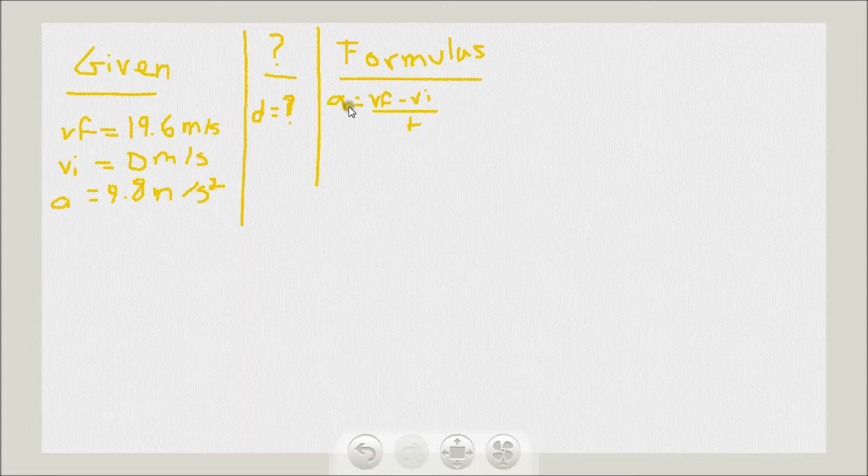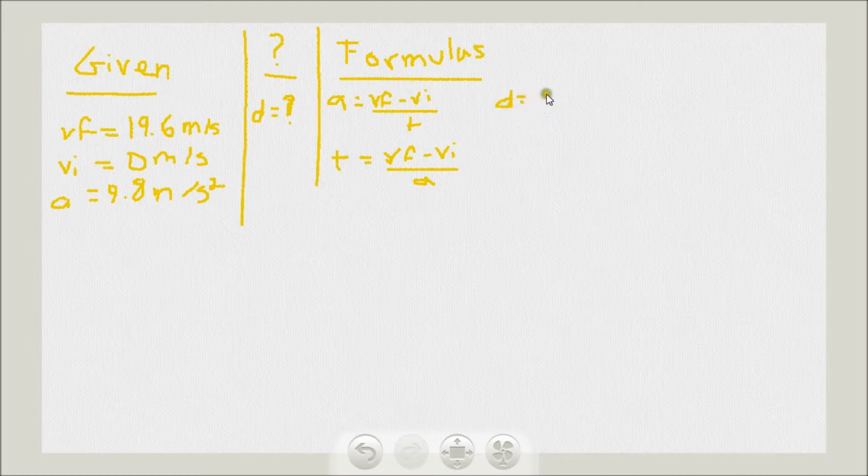And we're going to arrange that algebraically. If you don't know how to arrange it, please put a comment and I will try to do a video about that, but that's more about maths and not physics. So I'll give you this arrangement already. Time will equal the final velocity minus the initial velocity divided by the acceleration.